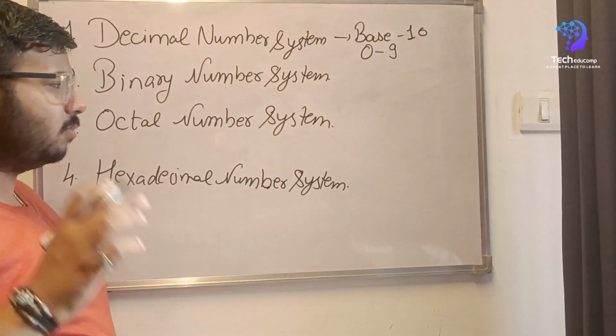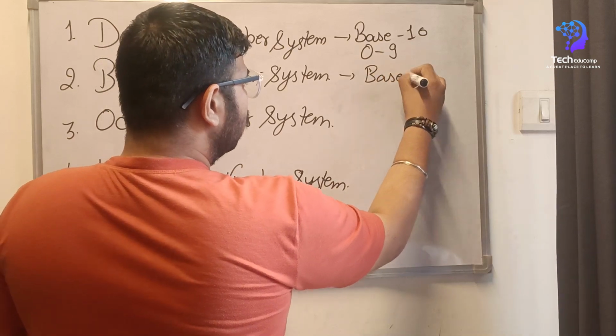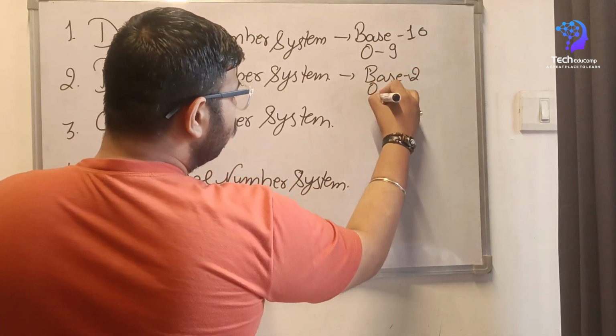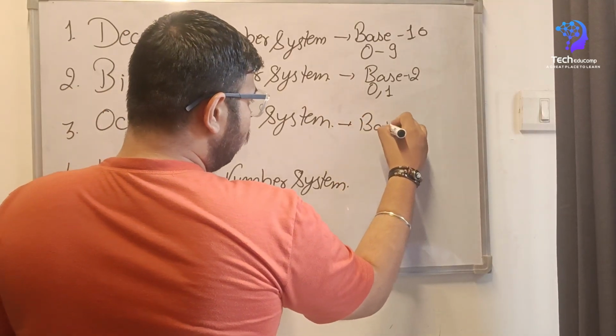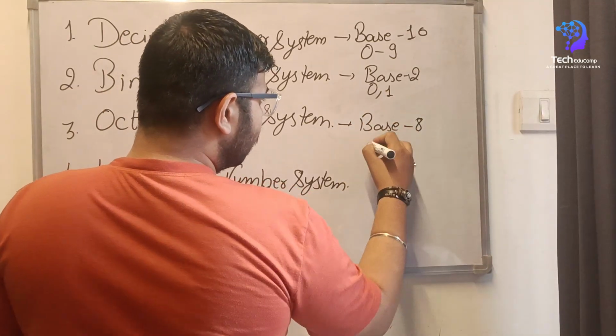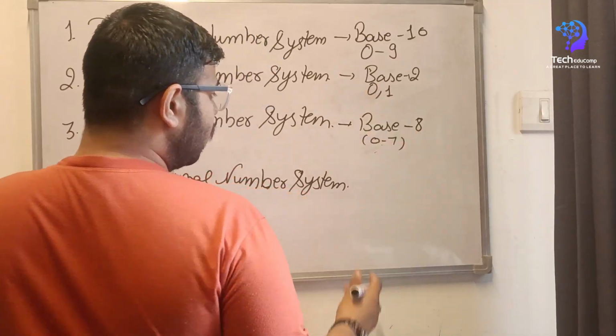The binary number system has a base of 2 because it has only two values, 0 and 1. Octal has a base of 8, from 0 to 7.